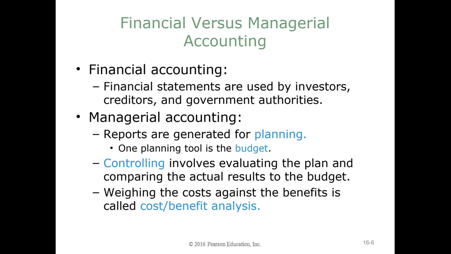Those are all types of financial statements. These are used by investors, creditors, and government authorities. So when you think financial accounting, think outside the company. Investors are outside the company, creditors are outside, government authorities are outside.